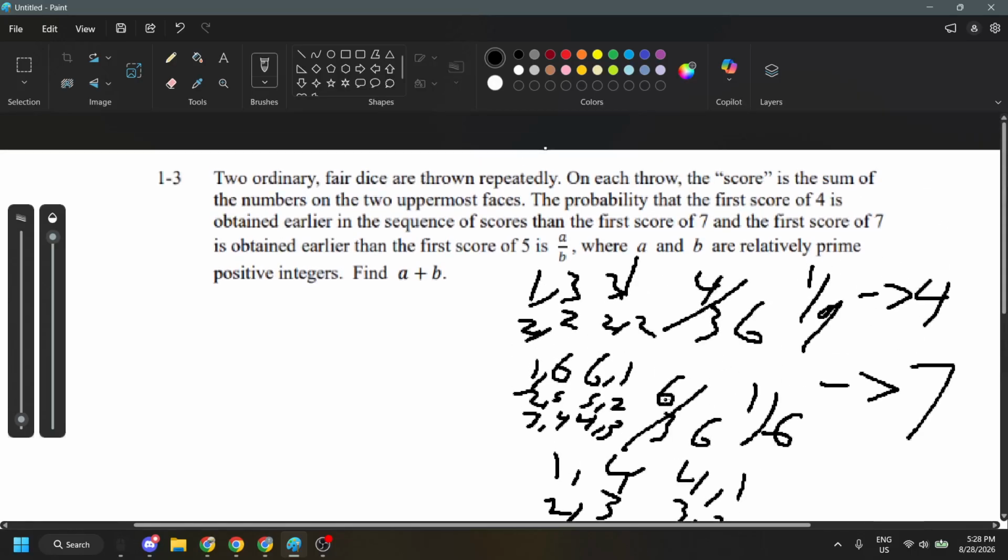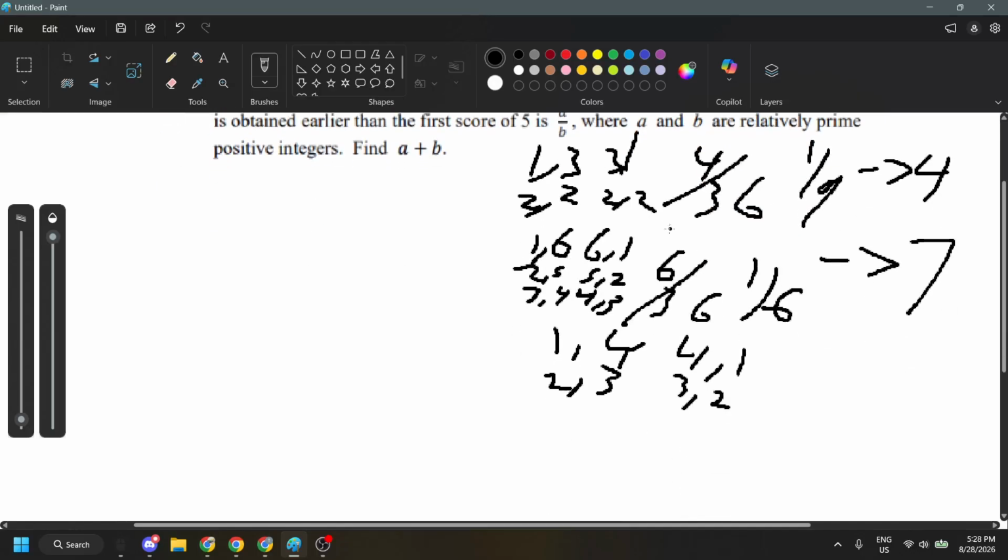What the heck? 7 is the most likely. 1 below 7, 6, and 1 above 7, 8, are equally likely. 2 below 7, 5, and 2 above 7, 9, are equally likely.